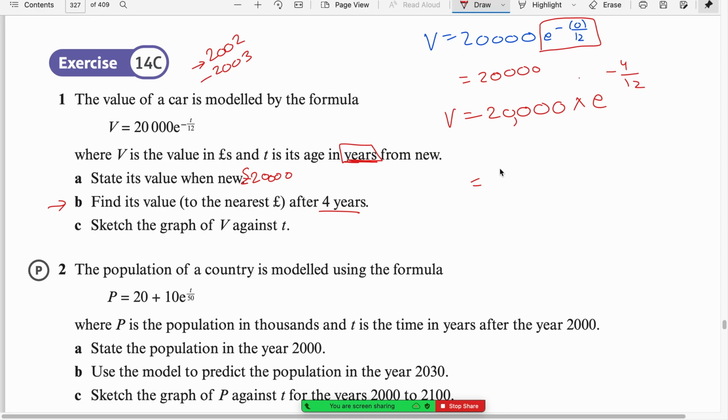And here comes the role of your calculator. 20,000 times e raised to the power negative 4 divided by 12 is 14,330.62621. So find its value to nearest pound. To nearest pound it is 14,331.